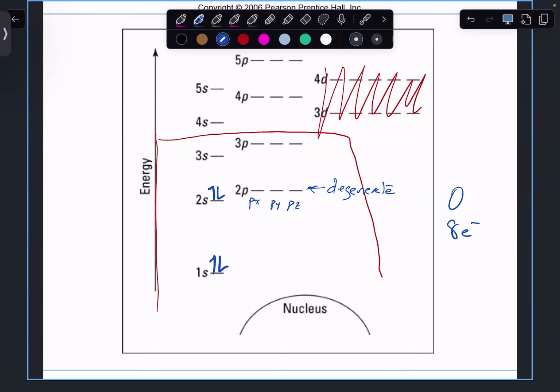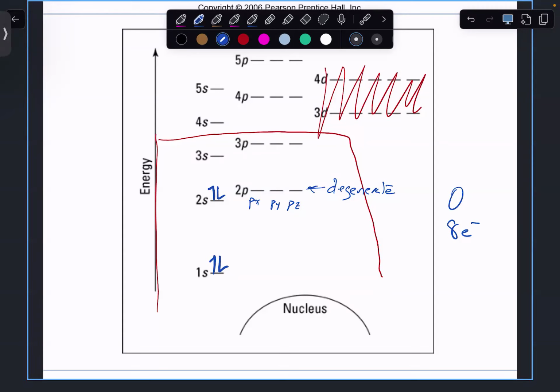What Hund's rule says is that you're going to place them singly first, and then pair up if you have to. Again, what you're going to find is organic chemistry is obsessive about electrons. One of the most fundamental things you need to remember about electrons is they have the same charge, and like charges repel.